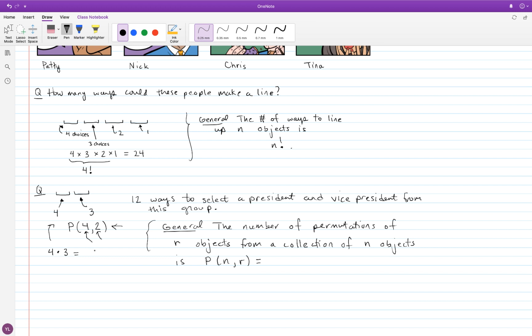Notice that 4 times 3 is the same thing as 4 times 3 times 2 times 1 divided by 2 times 1. So if I put a redundant 2 times 1 in there, I can write 4 times 3 as 4 factorial over 2 factorial. And actually, that's a general formula for P(n,r), the number of permutations of r objects selected from n.